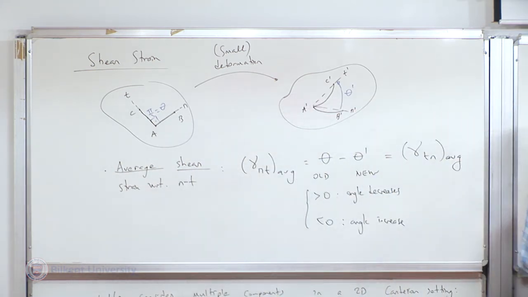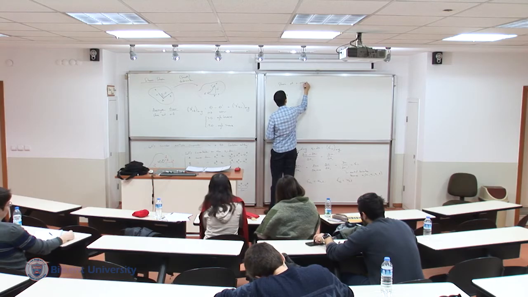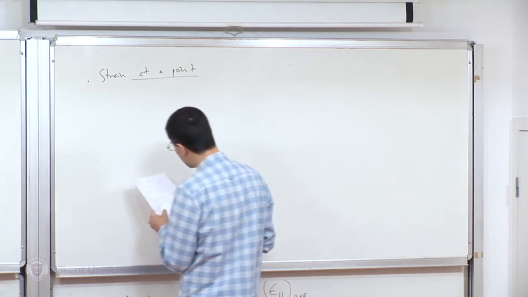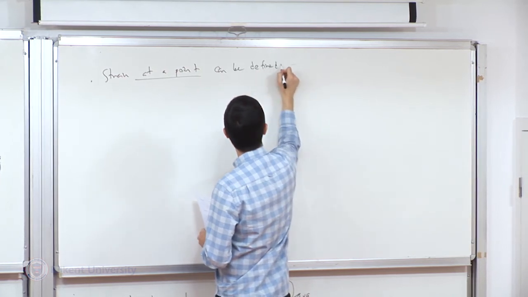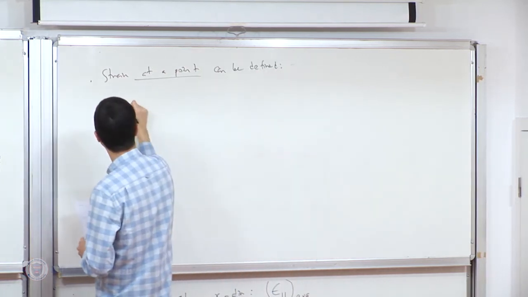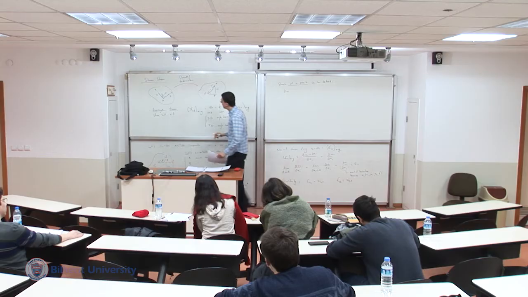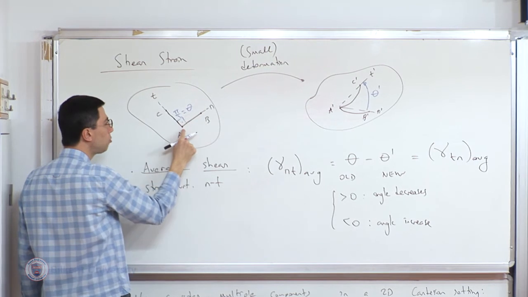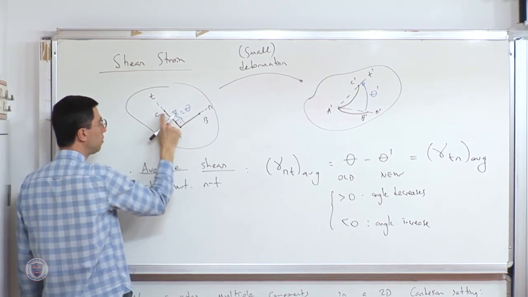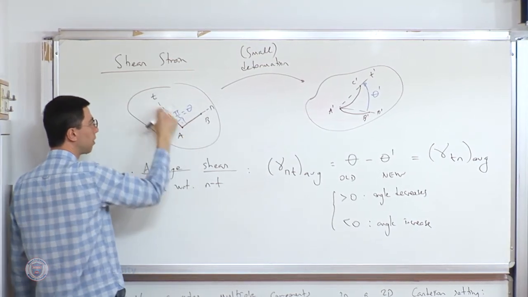But I'd like to define, again, the strain at a point, in this case at point A. And we will again do it through a limit procedure. The procedure is that I want to be infinitesimally close to A. So B needs to approach A along that direction, and C needs to approach A along that direction.